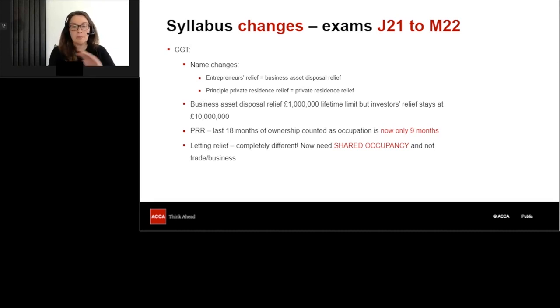So in terms of comparing the amount of PRR to the letting period is the same when we're looking at that cap of 40,000. Remember, there was a maximum amount of 40,000 as well that you could claim for it. Those are the same.